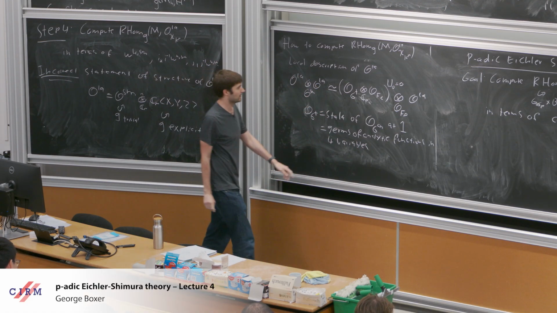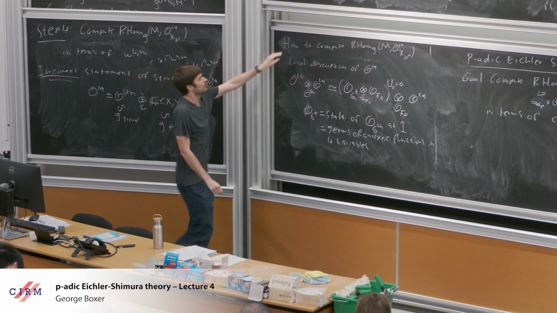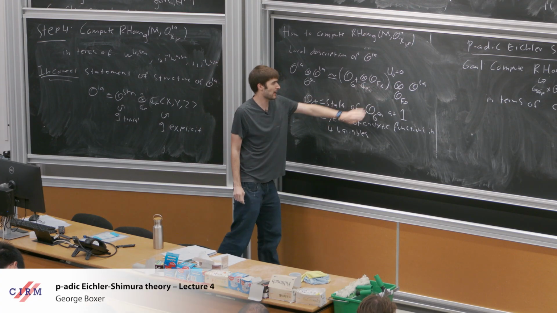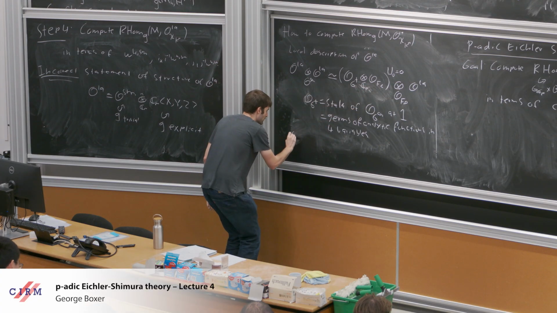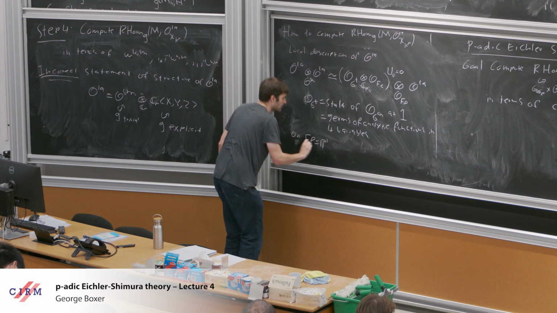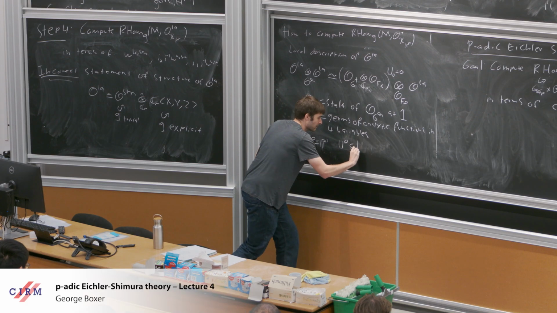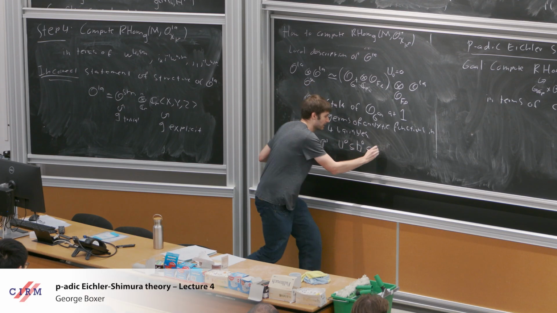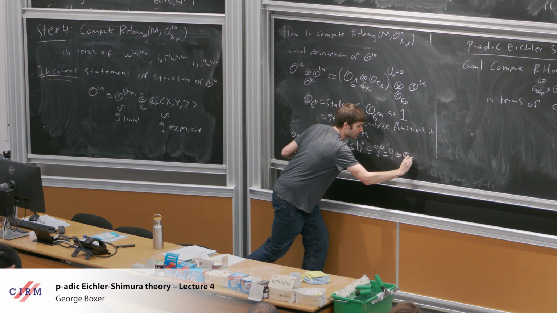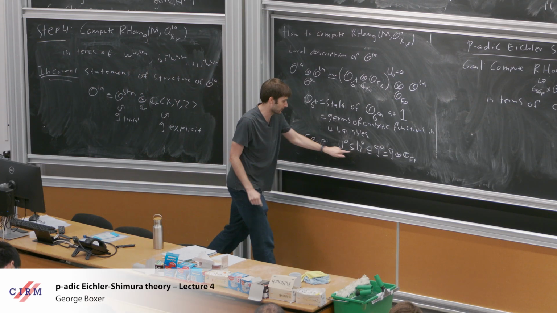And for U0, I remind you that on FL equals P1 we have these Lie algebras U0 inside B0 inside G0, where G0 is just G tensor OFL, the constant Lie algebra G on the flag variety, but these sub-Lie algebras are not constant.